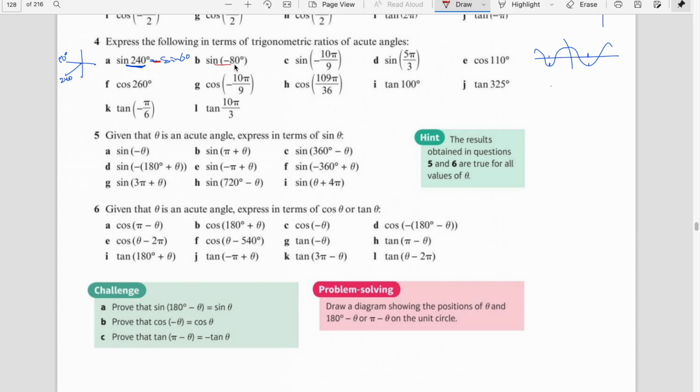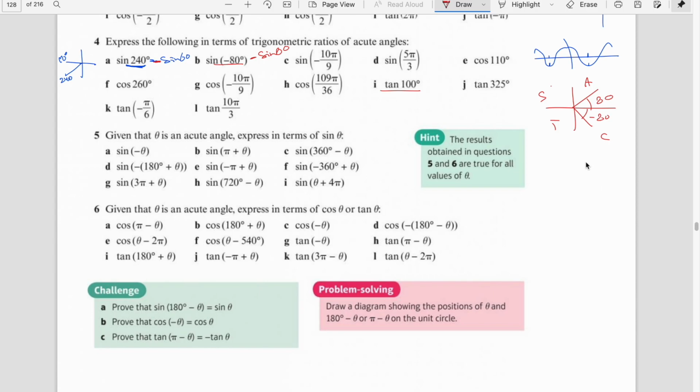Now sine of negative 80, which is already in the fourth quadrant. So that is negative 80, an acute angle, that is already acute but negative, so I'll write it as 80. This was giving me a negative value, so sine 80, which is obviously a positive value, I'll put a negative sign before this.